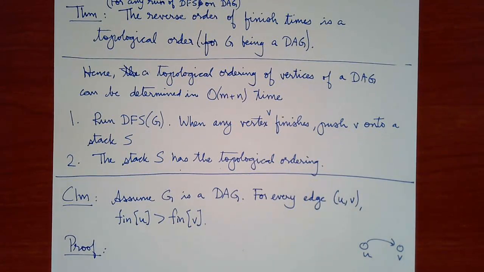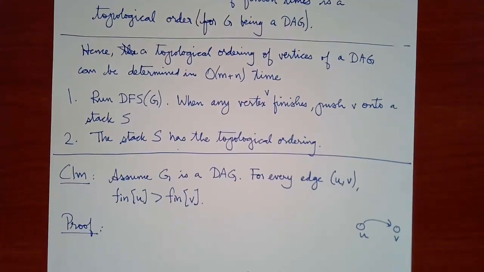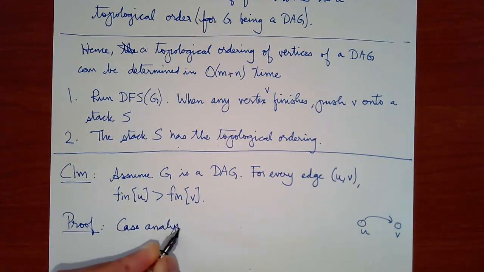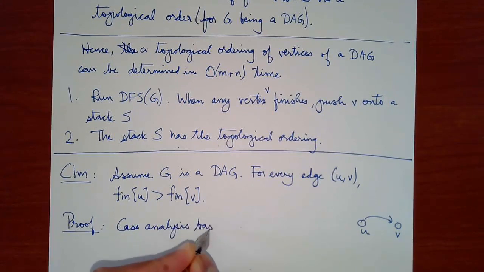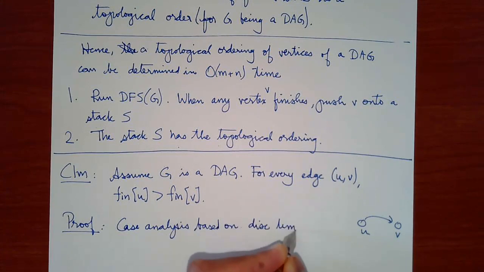Okay, so what is the proof? We will do something here that is a very important aspect of many proofs, especially in graph theory. We will do what's called a case analysis, based on the discovery times.